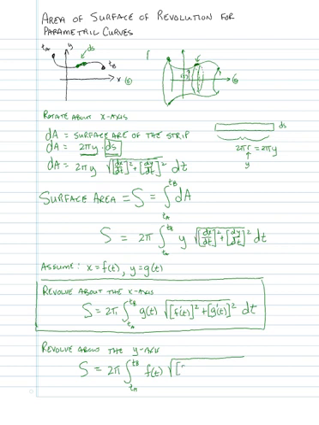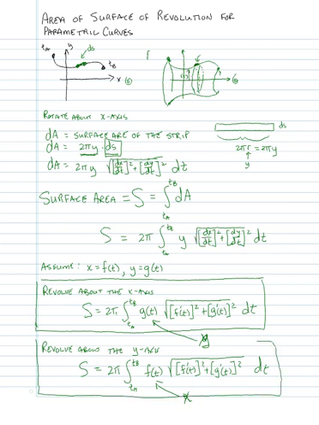It would be the square root of f prime of t squared plus g prime of t squared with respect to t. Remember, this is just x, and remember, oops, this is just y, my bad. I was thinking down here, and this is just x in this case. So it could be replaced with a y and an x likewise. This is if we revolve about the y-axis.